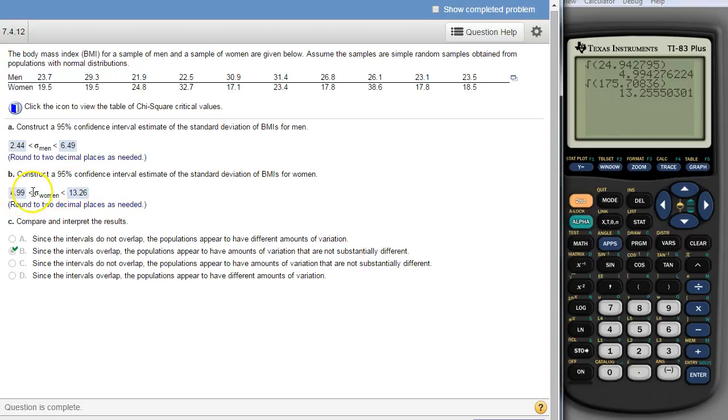Since the interval we're 95% confident in here is completely different than this one, and they don't overlap, we would be fairly certain that there is substantially more variation for women, enough to say it's different from the men. But because they do overlap, we can't say that. So it looks like they're not substantially different.